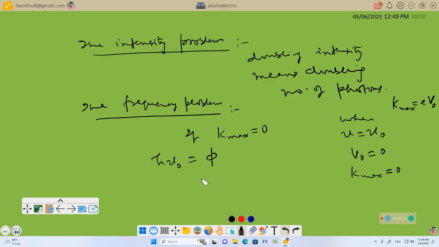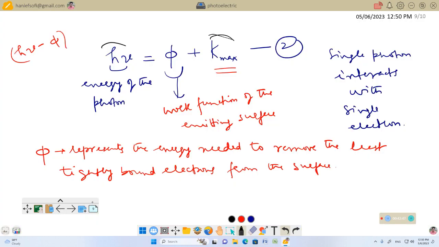Now, the third issue, the third objection, which is the time delay problem. The time delay problem is simply resolved by the fact that a single photon interacts with a single electron. There is no question of the energy being distributed.